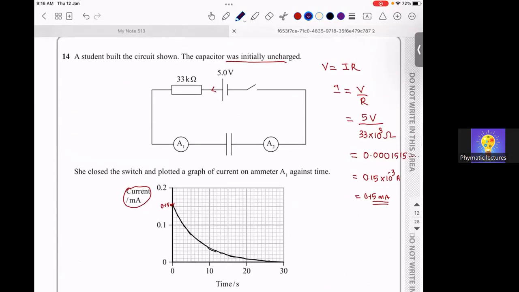You can see that ammeter A1 and ammeter A2 are in a back-to-back arrangement, so they are in series combination. If anything is in series, the current is also the same.